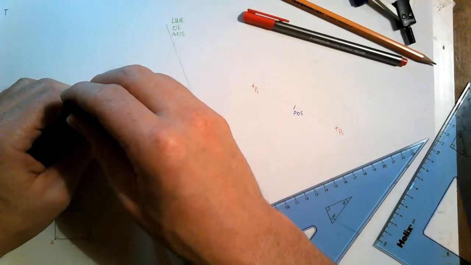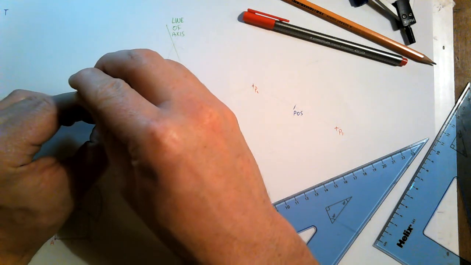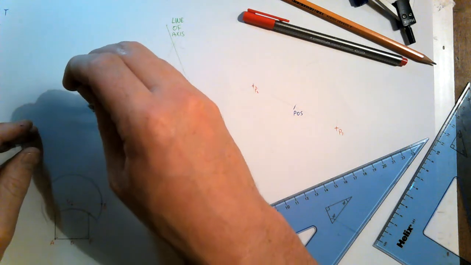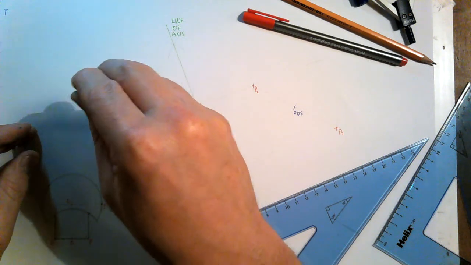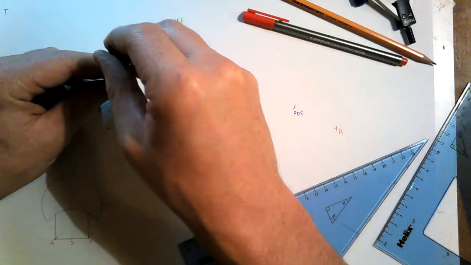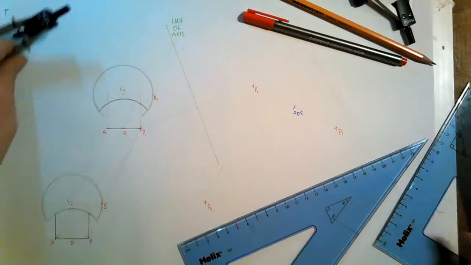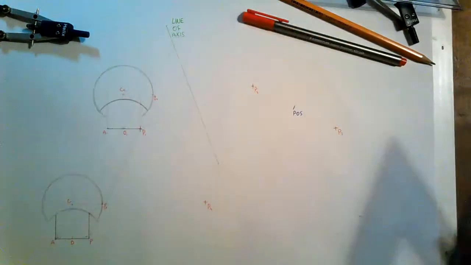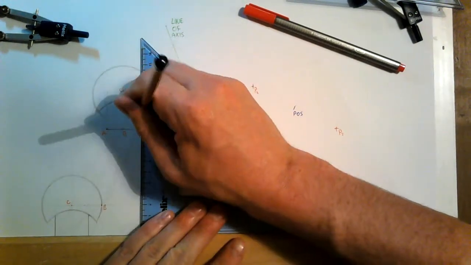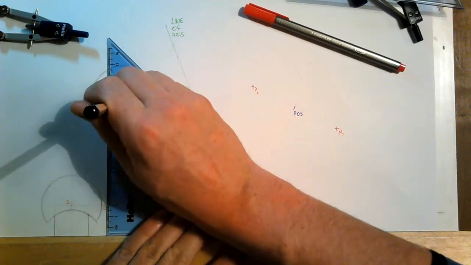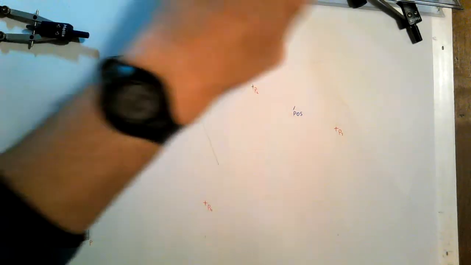So the point of the compass goes on D and onto this one. So that is our figure via translation.